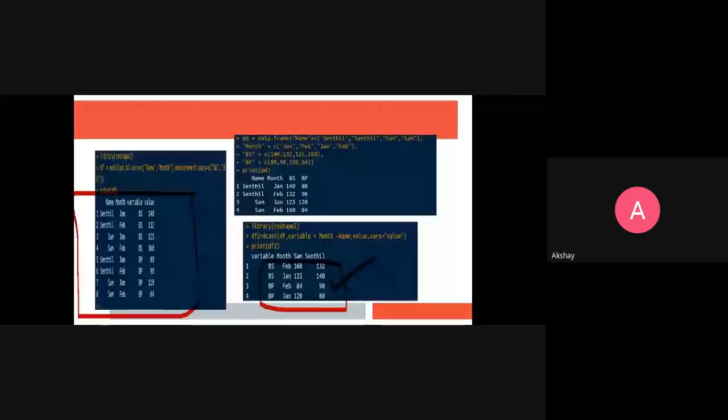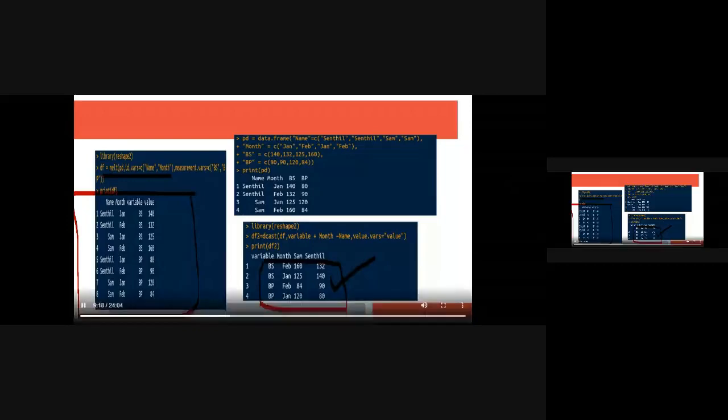Now we will discuss the values stored within the data frame after the dcast function. Actually, the values in the dcast are generated from the data frame which is created after the melt function. How will you generate these data?